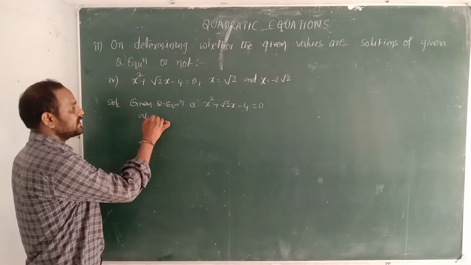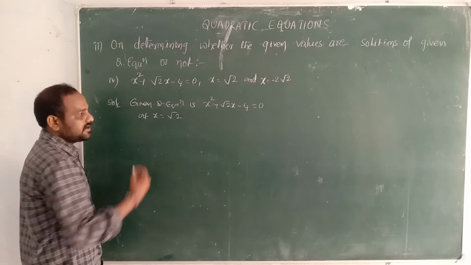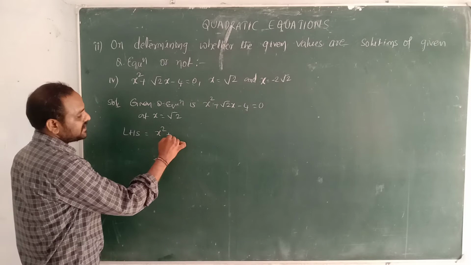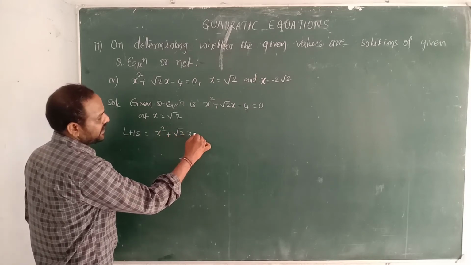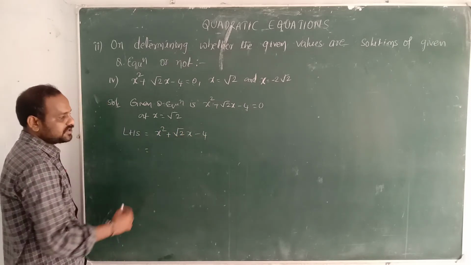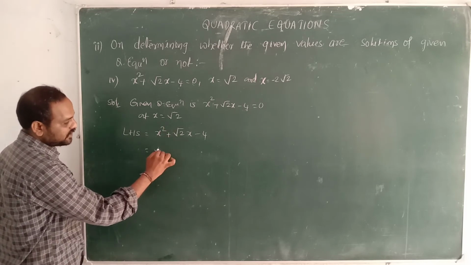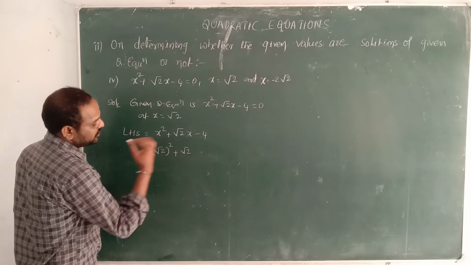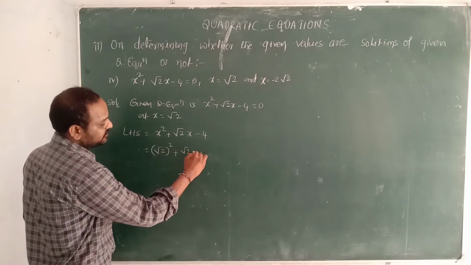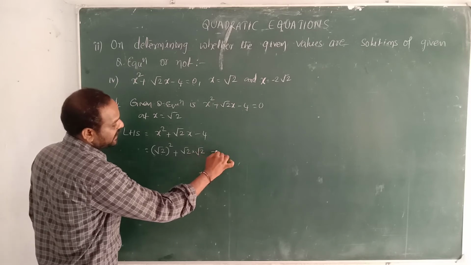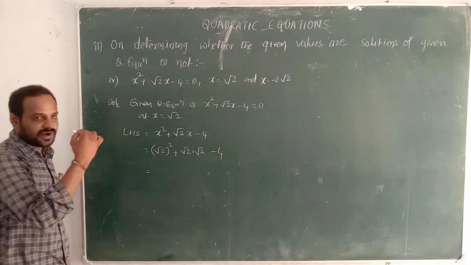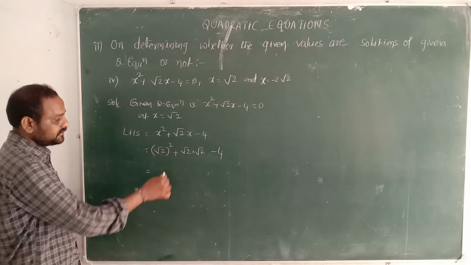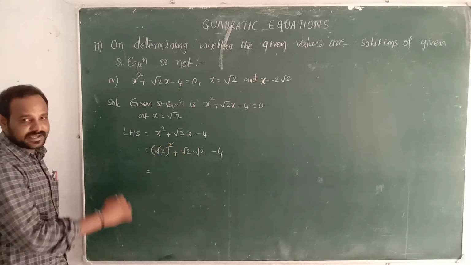So first x is equal to root 2. Now we have to substitute by taking LHS: x square plus root 2x minus 4. Substitute here. x square, that means root 2 whole square plus root 2 into root 2 minus 4. So what it becomes here? Root 2 whole square, and we know that square and root get cancelled.